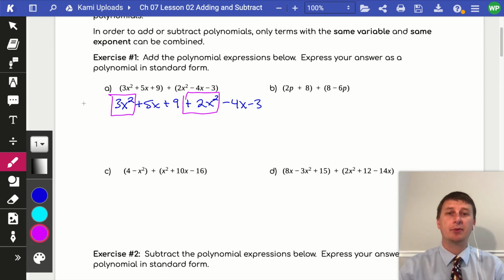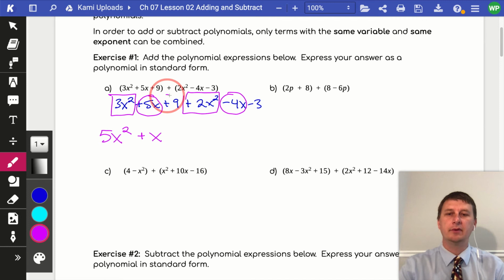And when we combine 3x squared with 2x squared, we get 5x squared. Now I'm going to look and see, well, here we have 5x. Do we have any other term with an x on it? Yes, here we go. We have minus 4x. So what's 5x minus 4x? Well, that's just 1x, or you could write that as just x.